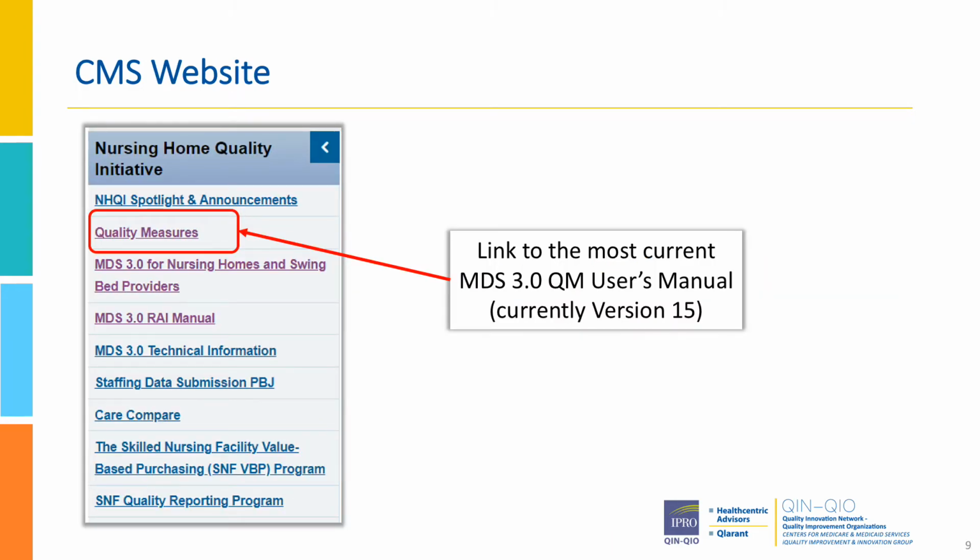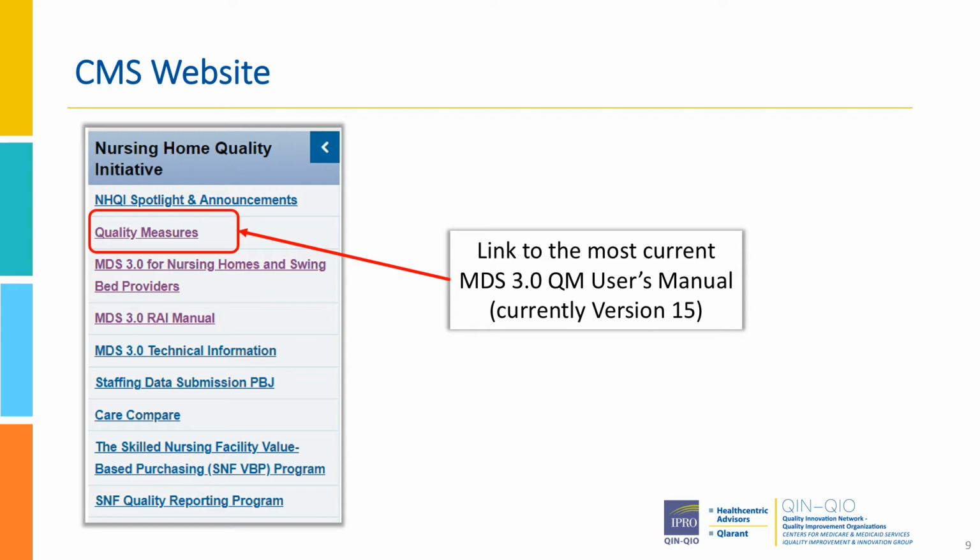On that same website, I grabbed a screen print from the left-hand side of the web page that you will see offers additional links to the important information you are involved with during your day-to-day operations. Specifically on this slide, this is where you can easily find the link to the latest quality measure user's manual, one of the other resources tapped in this presentation.